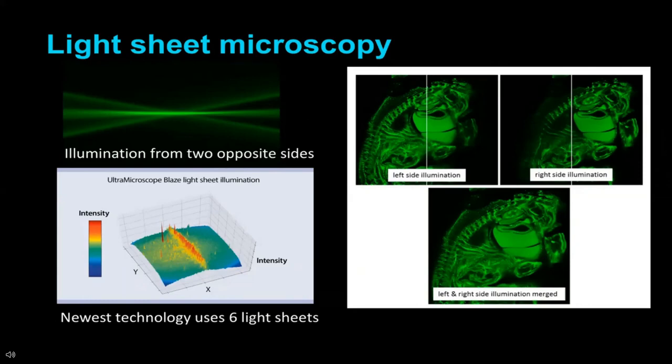And some light sheet microscopes also have software, so they actually adjust the light sheet and the imaging. So one image, one field of view, is made up by many different images, so that the light sheet is as focused as possible on that field of view.